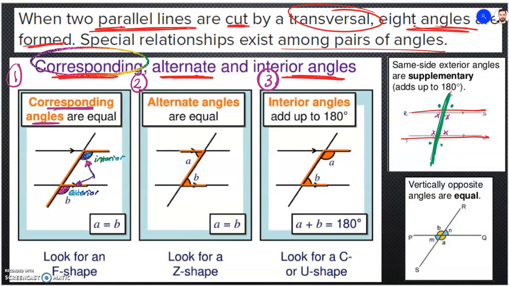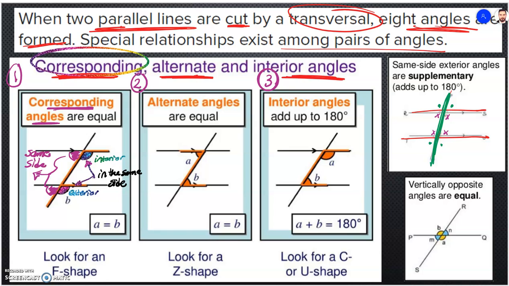In the same side, not in different sides. What does it mean, the same side? It means both of them are to the right of the transversal or to the left of the transversal. That means here also I have interior and exterior on the same side.